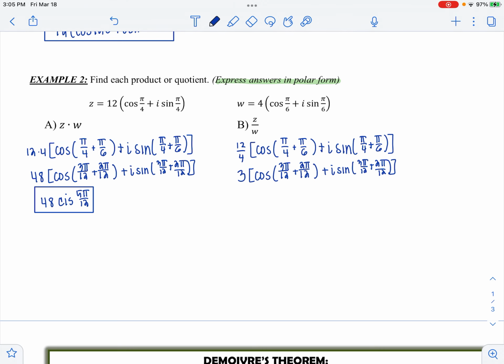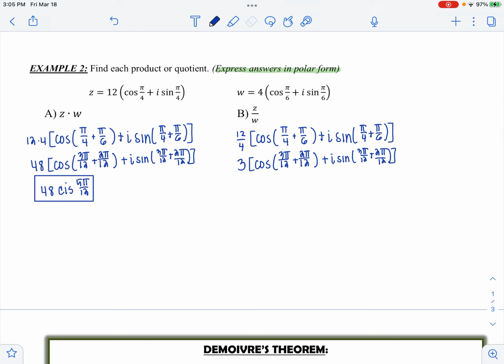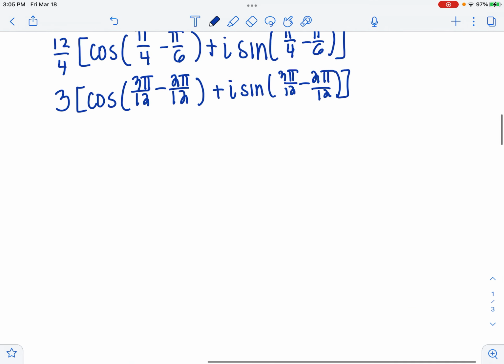So that's going to be a 3 instead. Then for my angles, I'm going to do theta 1 minus theta 2, so I'm going to subtract these theta values. I needed a common denominator, and I already did that, so I saved myself some time. Now I can get my final answer as long as it's between 0 and 2 pi. So I have 3 cis pi over 12.